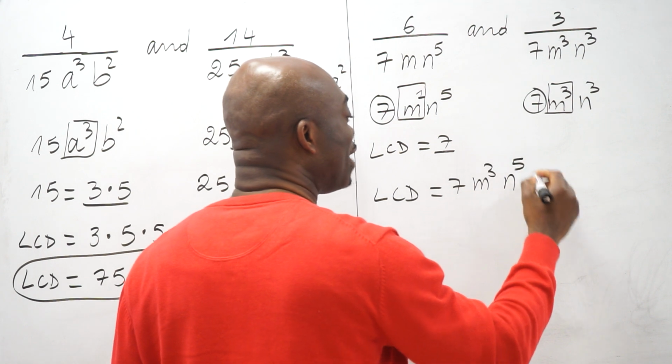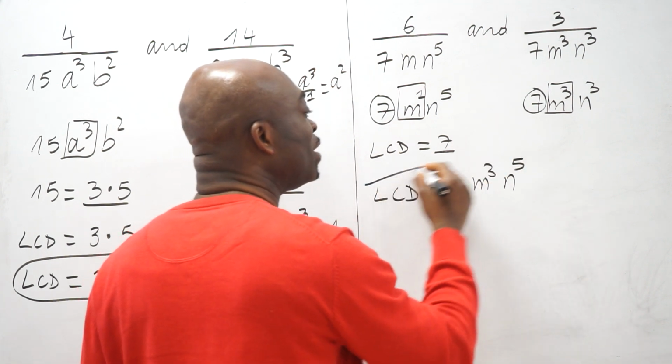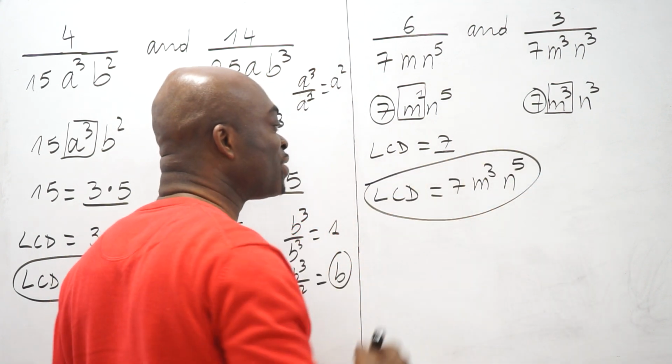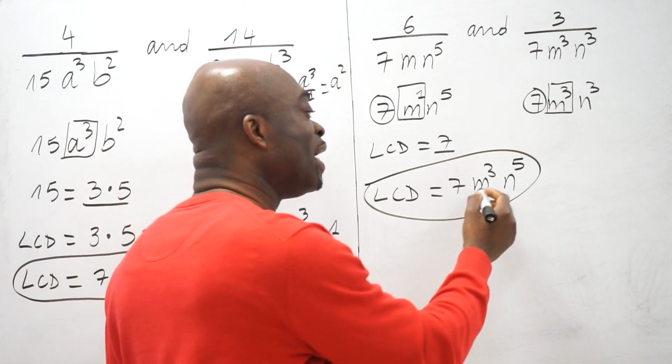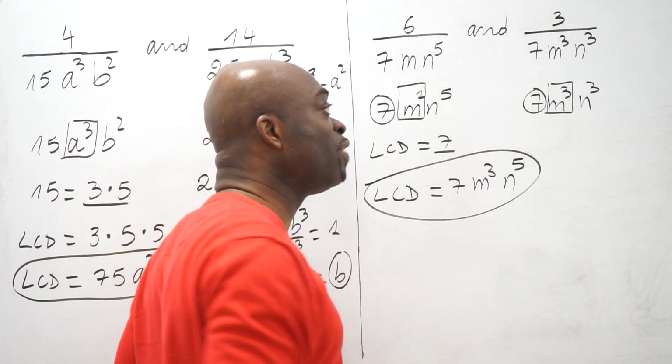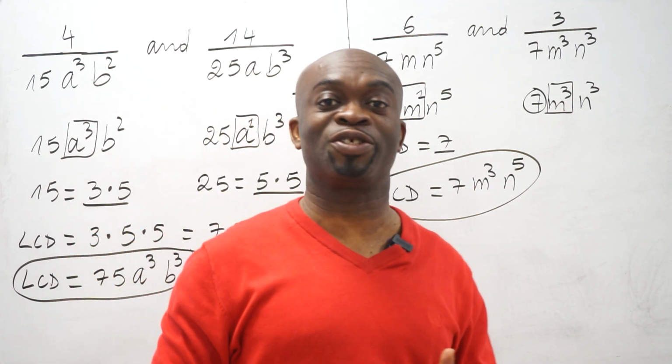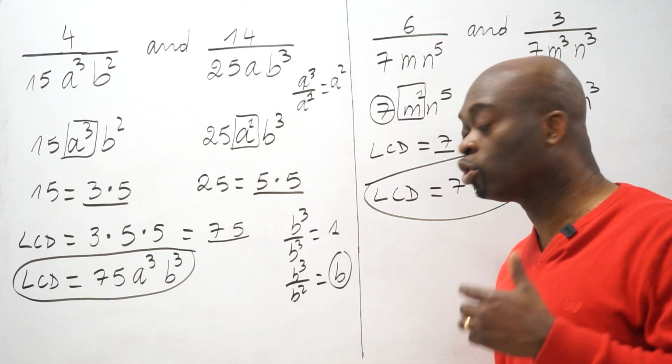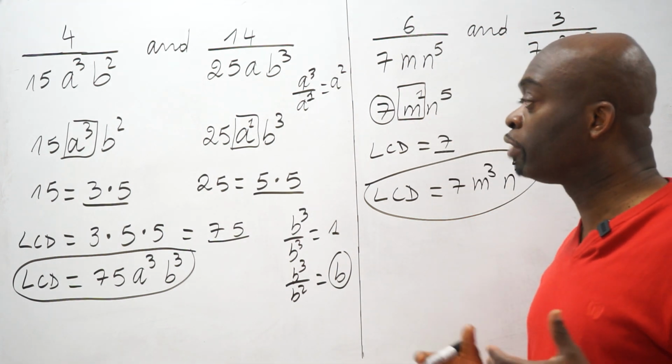So the lowest common denominator in this case is 7m^3n^5, and you are finished. Do it again, step by step, and you're going to be fine.